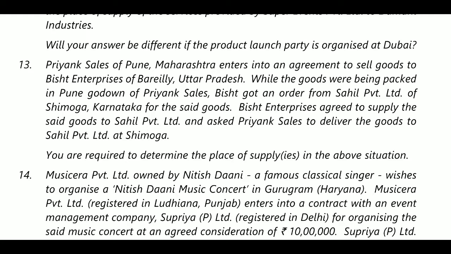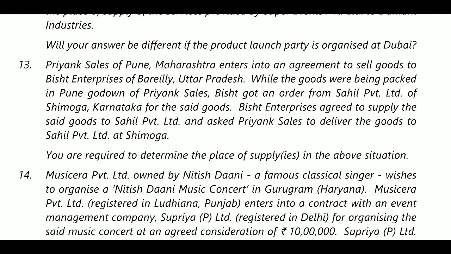Bishat got an order from Sahil Private Limited, Shimoga, Karnataka for the said goods. So it is a bill-to-ship-to transaction, and since it deals with goods, it falls under section 10 only. Bishat Enterprise agreed to supply the said goods to Sahil Private Limited and asked Priyanka Sales to deliver the goods to Sahil Limited at Shimoga.